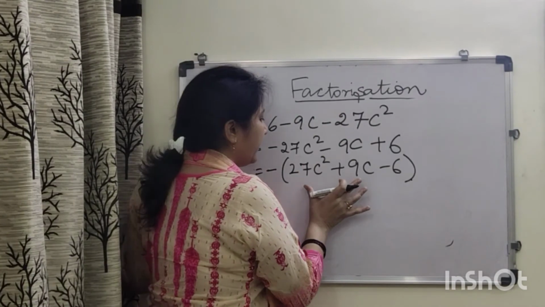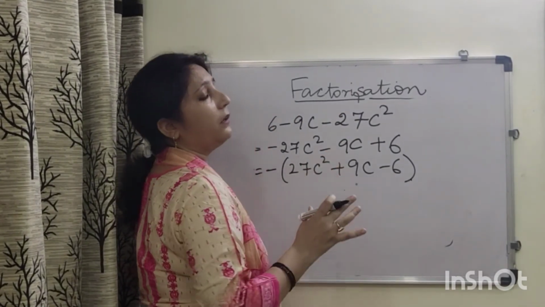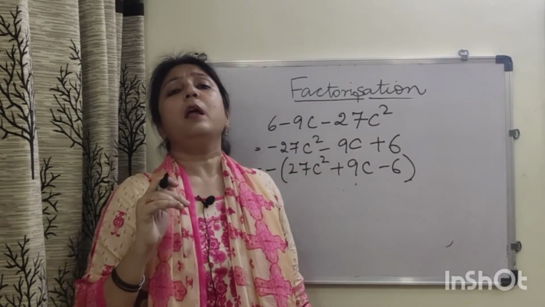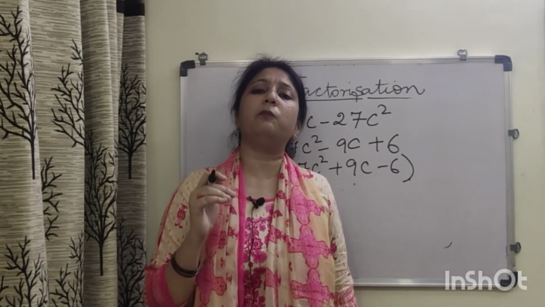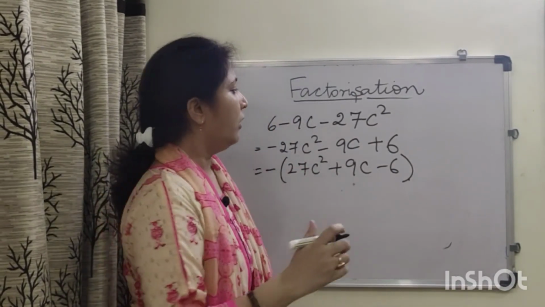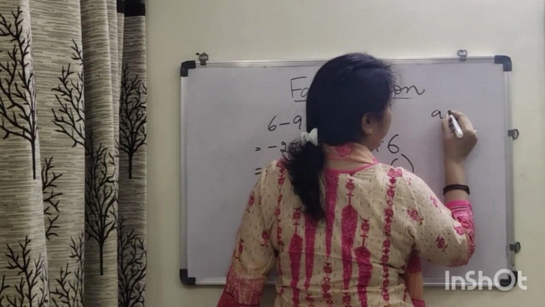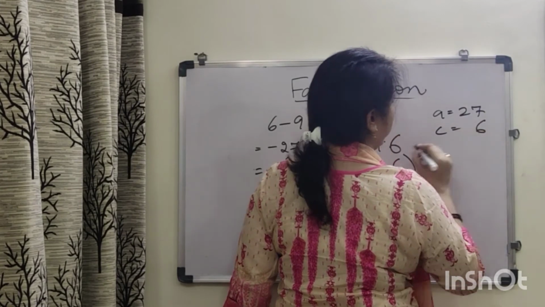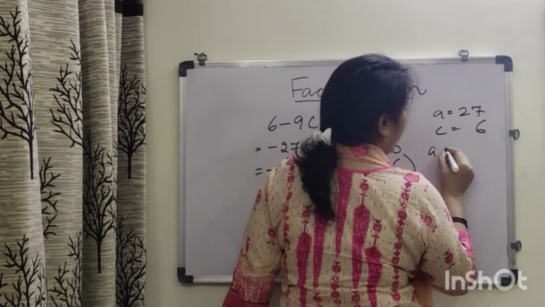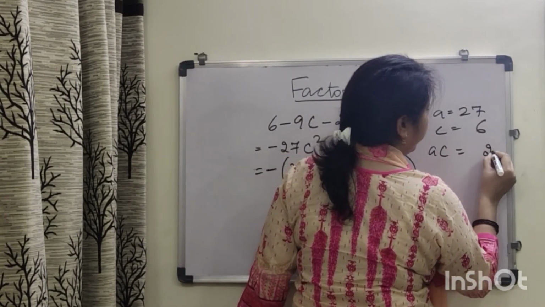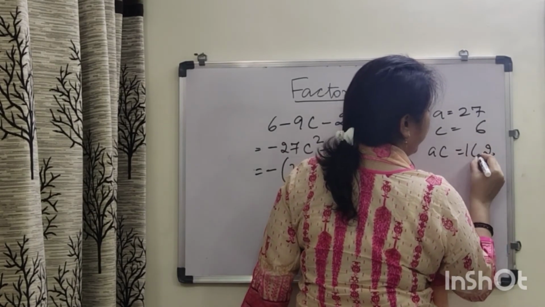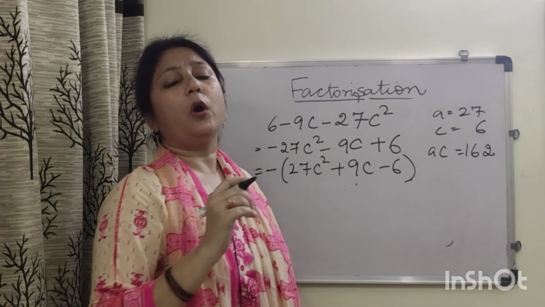Now compare this expression inside the bracket, 27c square plus 9c minus 6, with ax square plus bx plus c. So your a is 27, your c is 6. So your ac is 162.